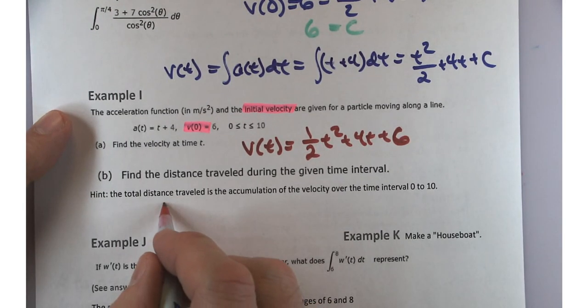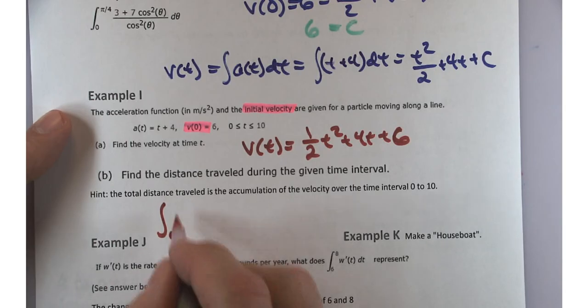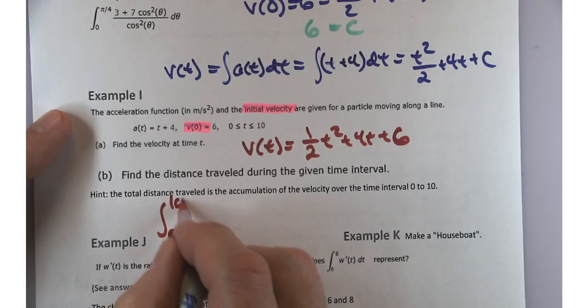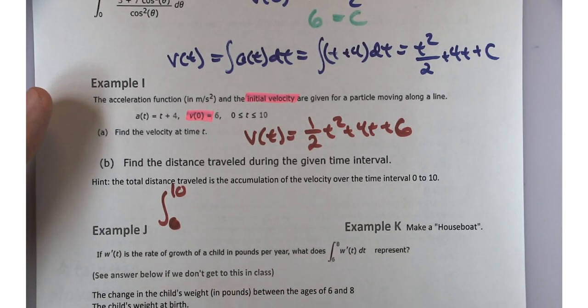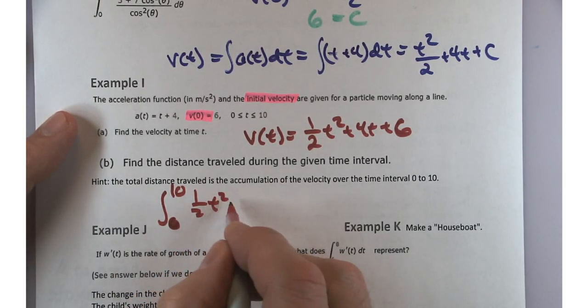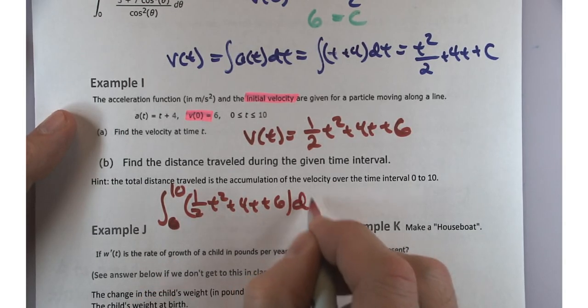You plug in 0 and 10. Those are the limits of your integral. And we're going to integrate this function, our velocity function, between 0 and 10 dt.